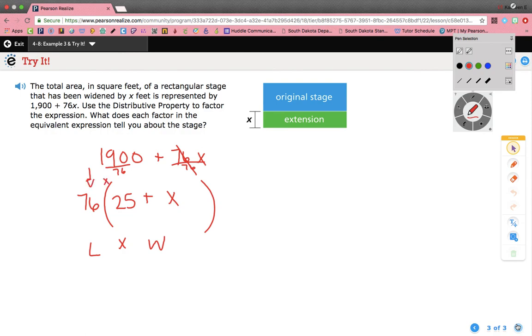So it means that 76 is either the length or the width. And whatever the 76 is not means that the 25 plus x is. So 76 is the length times 25 plus x is the width, or we could do 25 plus x is the length times 76 is the width. That's what it means about the stage.